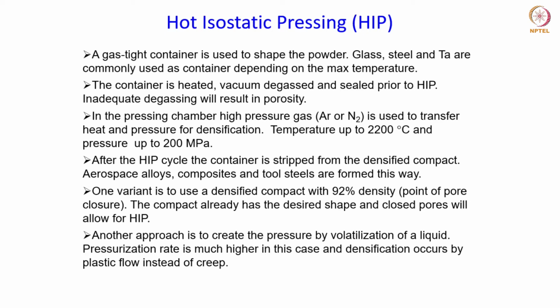You have seen before that if there are trapped gases in the pores, it limits the final densification and it is difficult to achieve full densification, right? And therefore, the vacuum degassing has to be done carefully so that there are no chances of trapped gases and you do not end up with porosity in the final sintered compact.